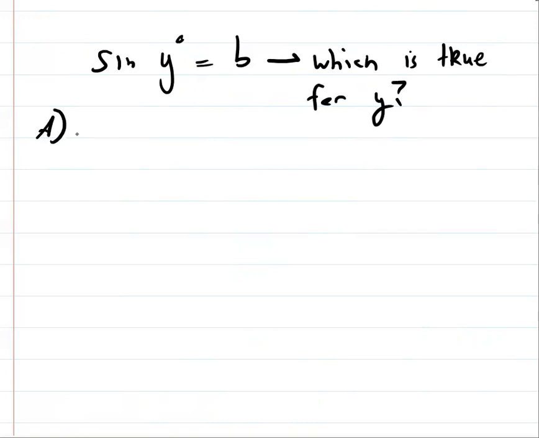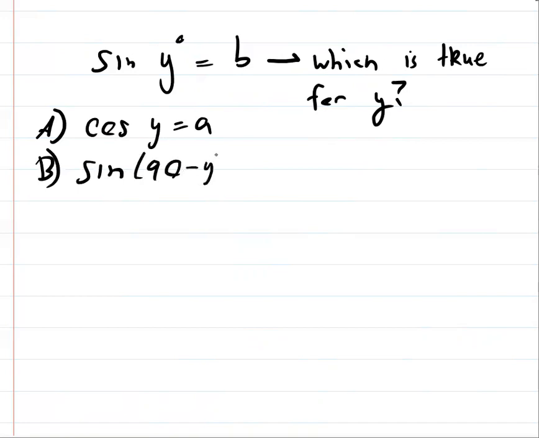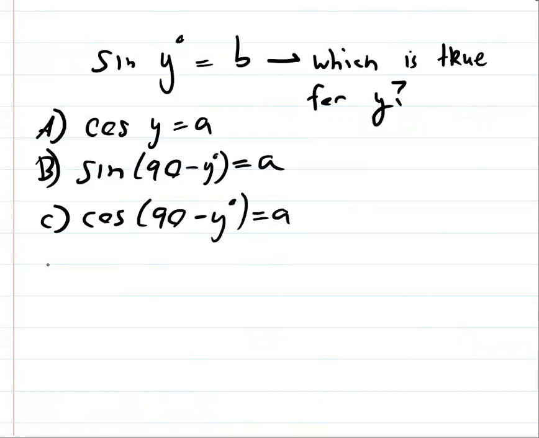So one might say, okay, well, is the cos of y equal to a? Is the sine of 90 minus y equal to a? Is the cosine of 90 minus y equal to a?